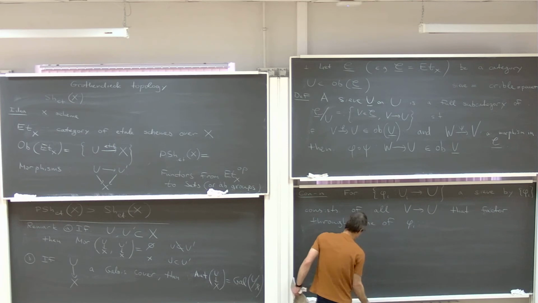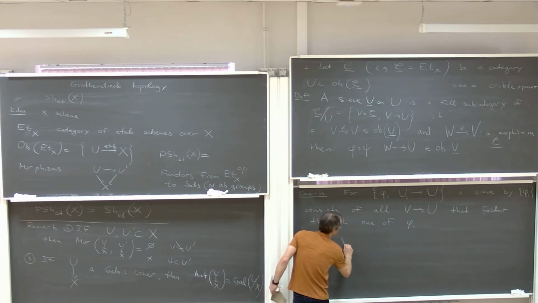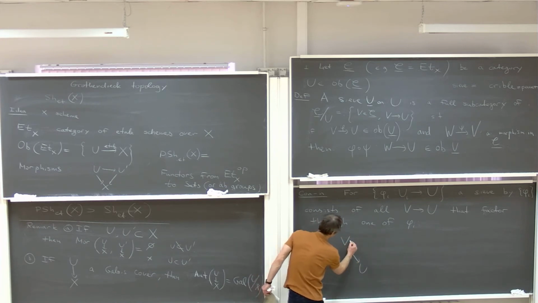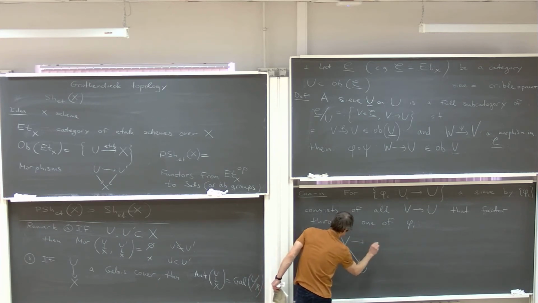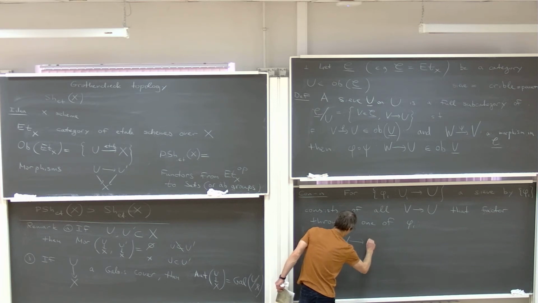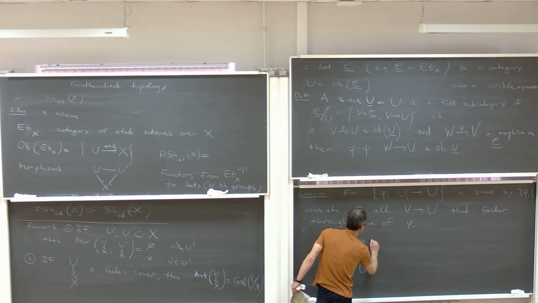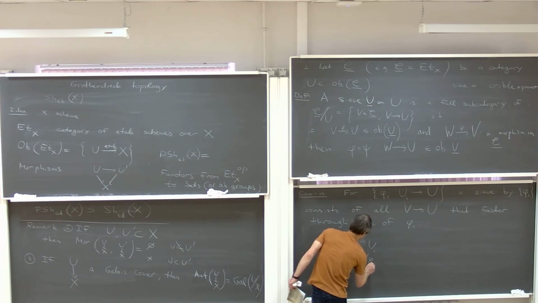So what it means is that my V in U is in my sieve if there exists a map like this, a morphism in my C, such that the diagram is commutative, right?